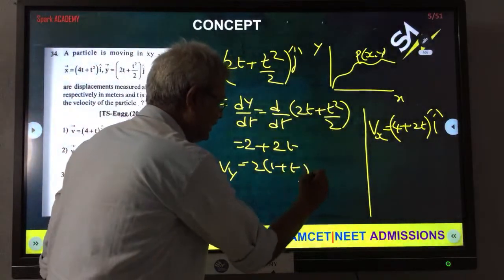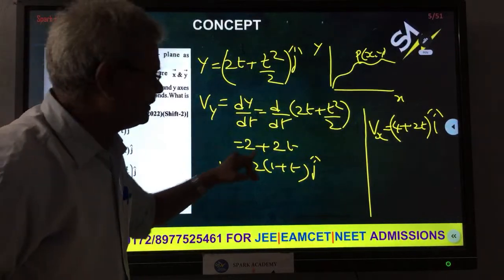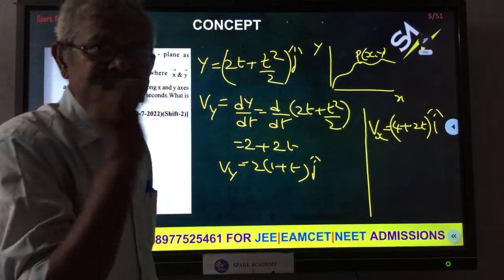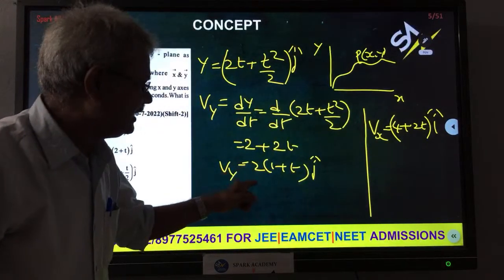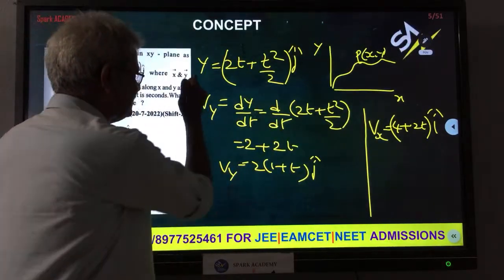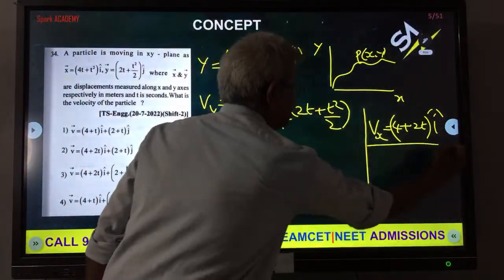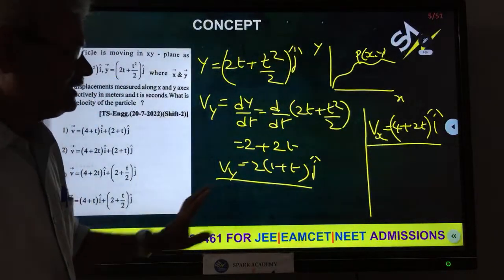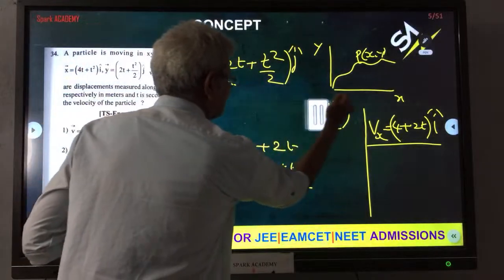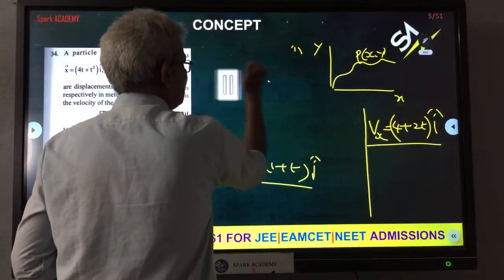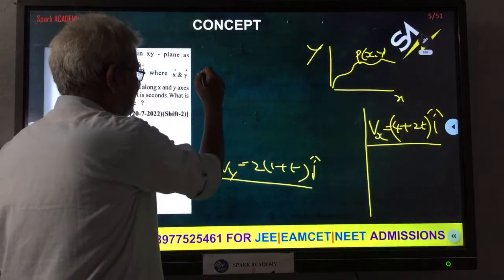So that means now we have the particle's velocity, which has two components, vx and vy. Similarly, if suppose there is a 3-dimension, we can get vz similarly, dz by dt. Understood? So the components along the x-axis and y-axis are these two things. And here we want the net velocity.